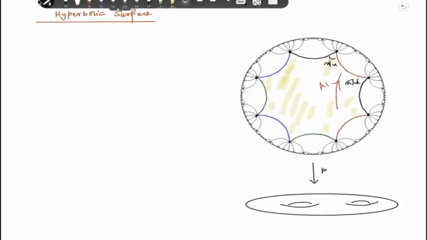A1, which will take this red geodesic to the red geodesic. We got isometries A2, again B1, B2.